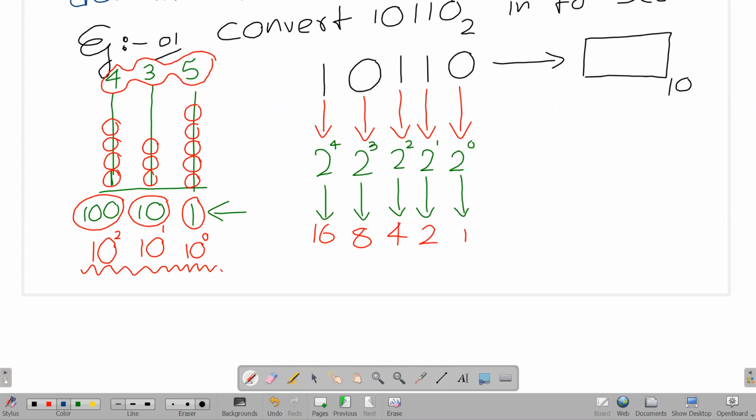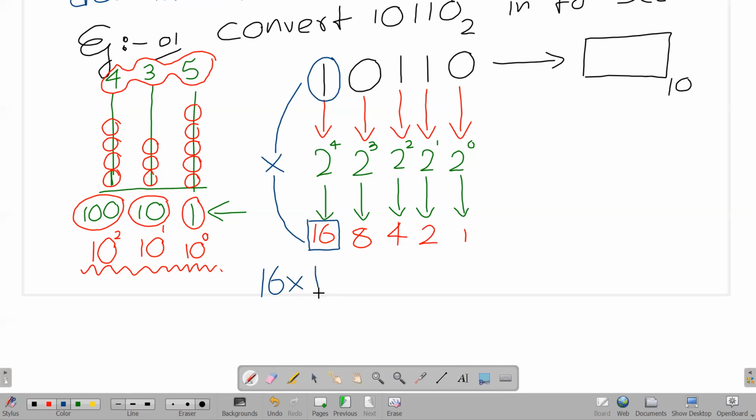We have a very small thing to do. We consider the place value and the corresponding symbol value, and we are going to multiply these two together. That means here it will be 16 into 1.